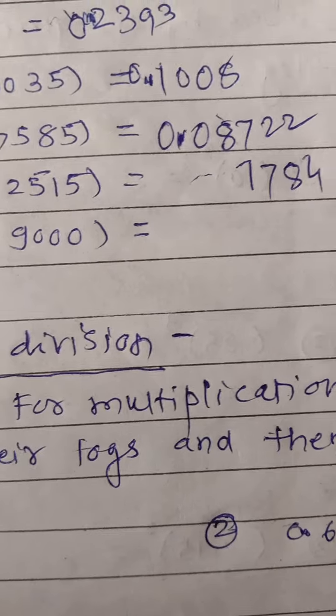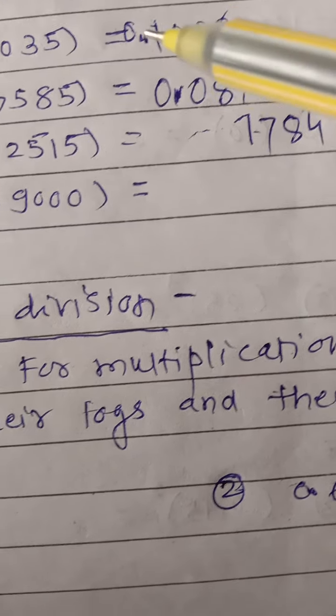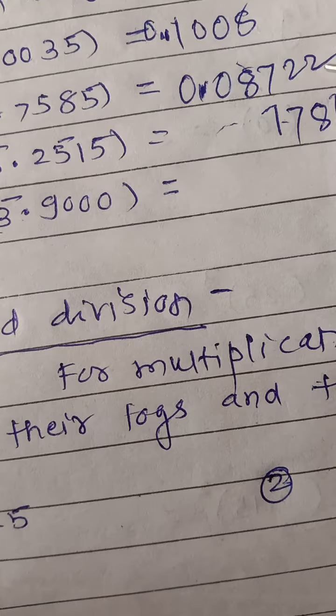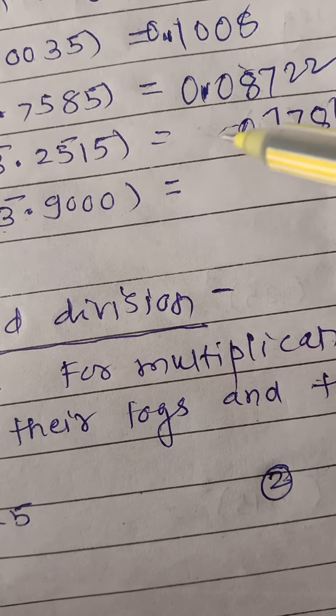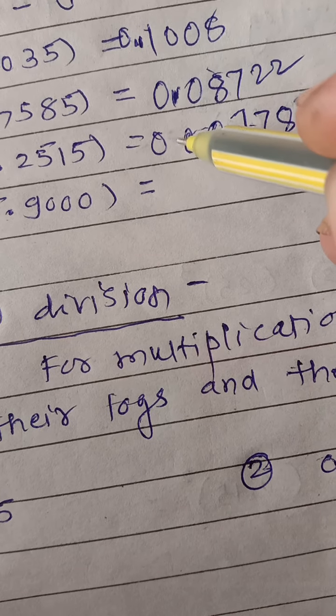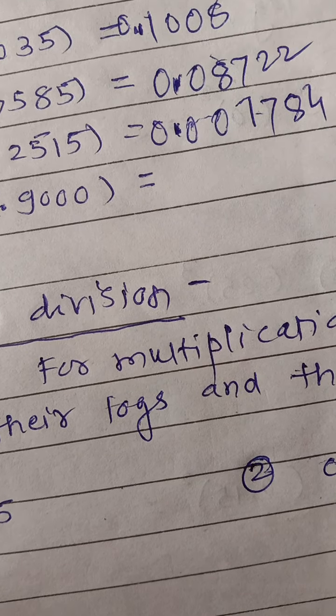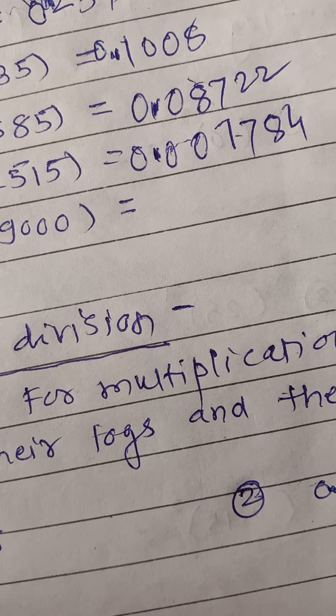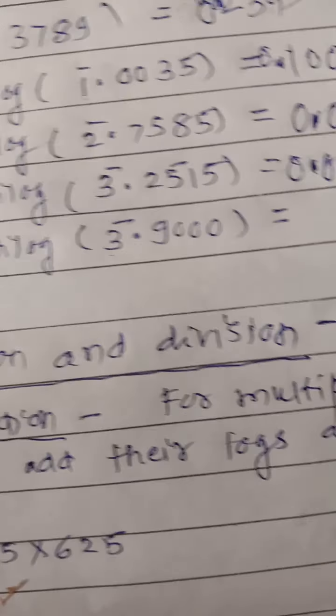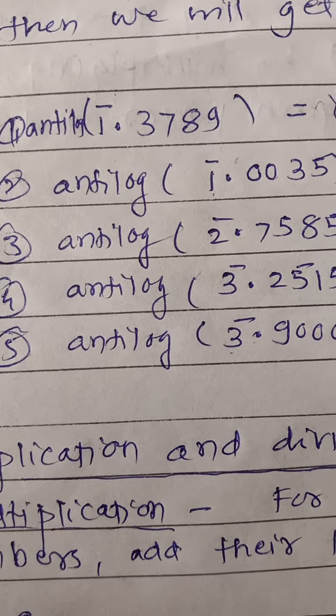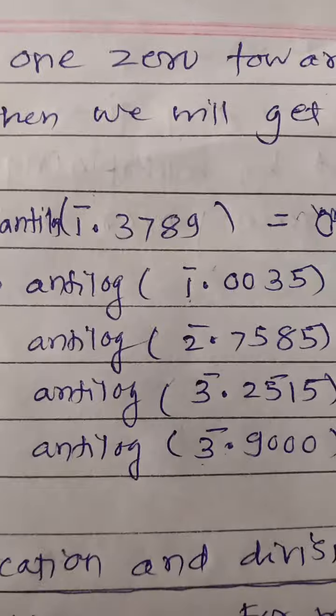As it is 1784 and the characteristic is 3, therefore 3 zeros will be placed first, and leaving 1 zero towards the left we can put the decimal, so that we will get 0.001784.